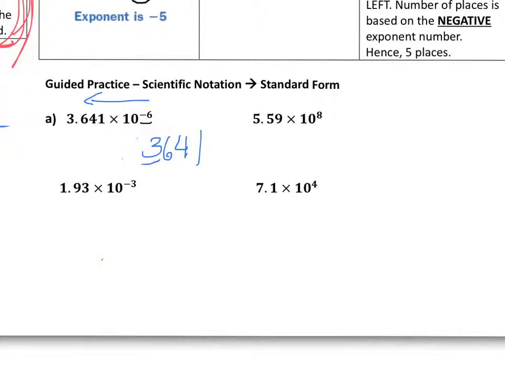I'm going to shift 1, 2, 3, 4, 5, 6. So 0.00003641. So your decimal point was right here.